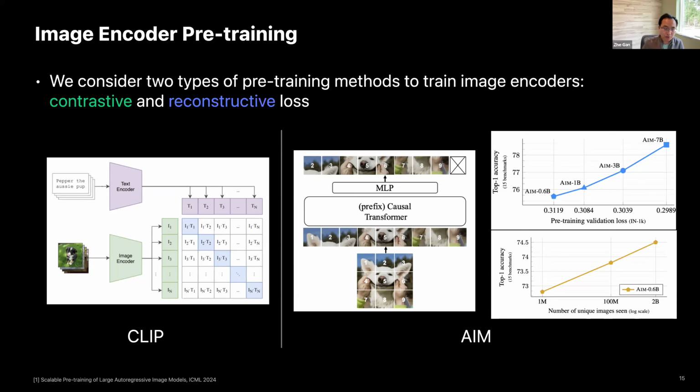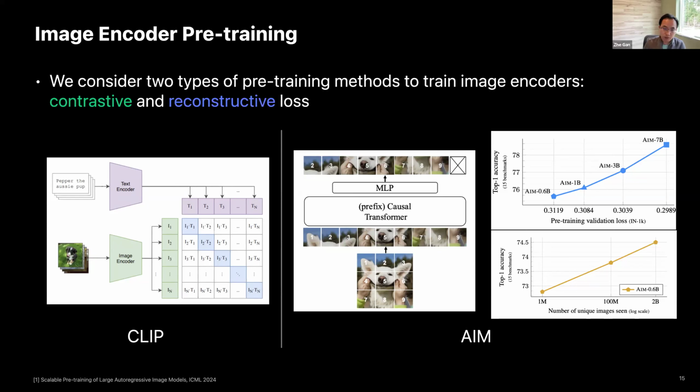Instead of using a contrastive learning method, the way to train AIM is very simple. You just treat your image as a sequence of image patches, and then you auto-regressively predict the next image patch, and train the model from scratch. So it's a reconstructive loss and it's generative. The loss is very simple.